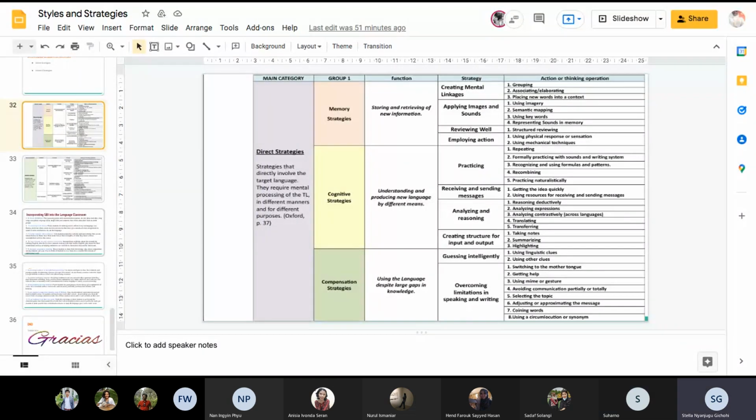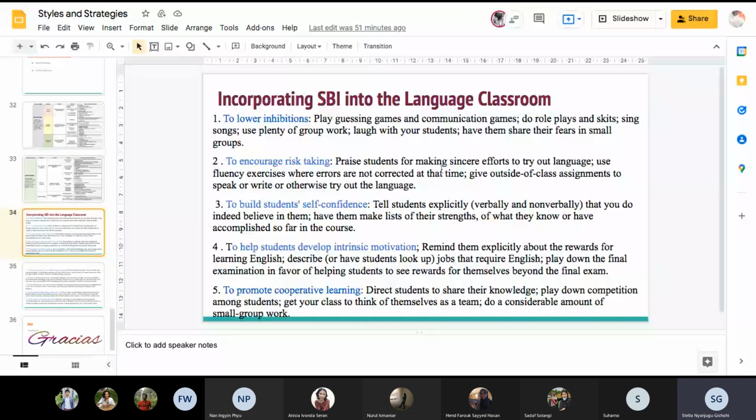So yes, how do you incorporate this strategy-based instruction to your class? You might use games. You might praise your students to encourage risk-taking. How do you build their confidence? You might tell them verbally or non-verbally. How do you help improve their motivation? So here again, there are some strategies you might use.